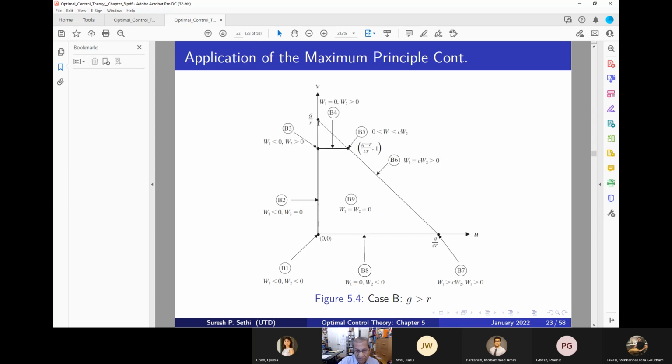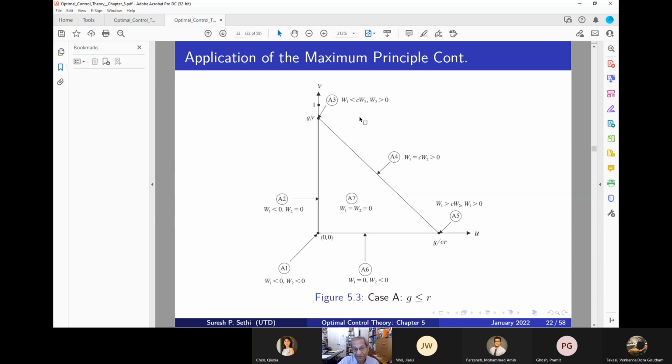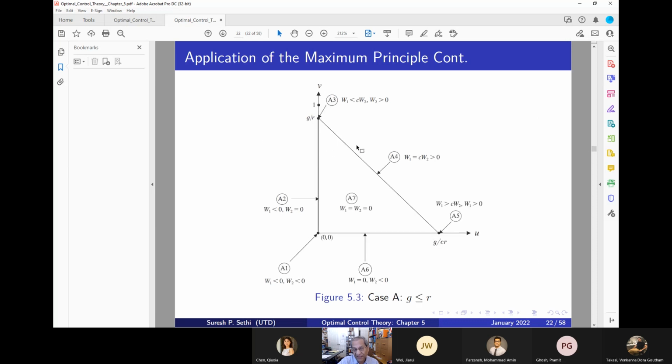Second case will be when G by R is bigger than 1, then 1 is here. And we can only go up to 1, not G by R. Because remember, our boundary conditions are 0 less than V less than 1, and V is also constrained by this. So we need to take both of these constraints, and both of these constraints define that corner. Here they define this corner, here they define this corner.